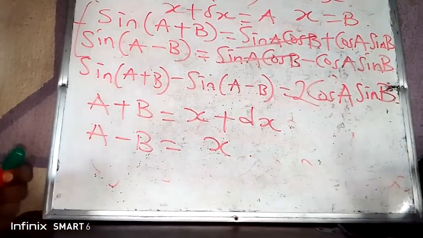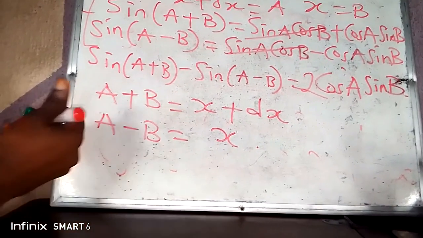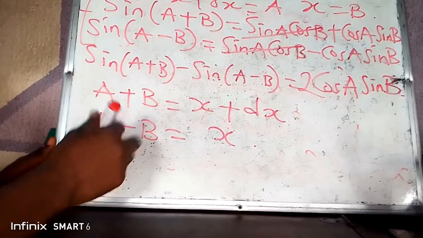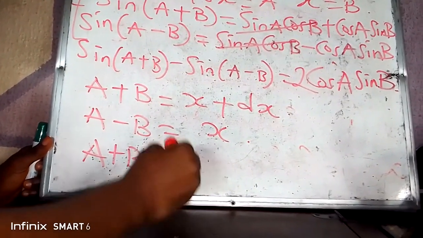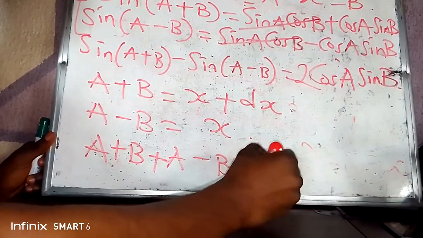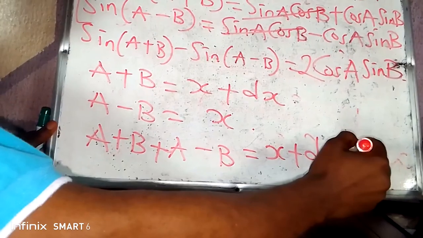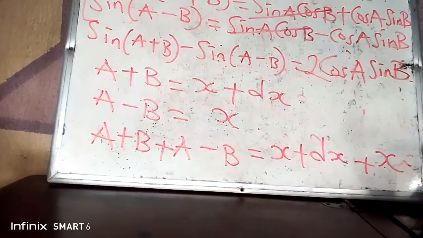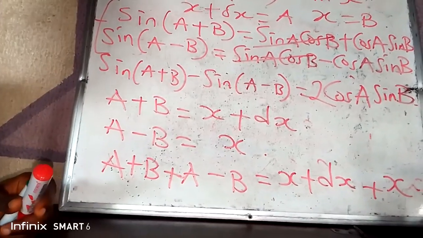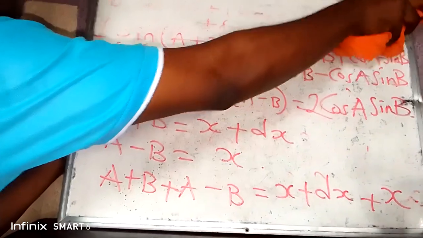A plus b equals x plus dx, and a minus b equals x. Now if I add these two together, a plus b plus a minus b, that will be x plus dx plus x.